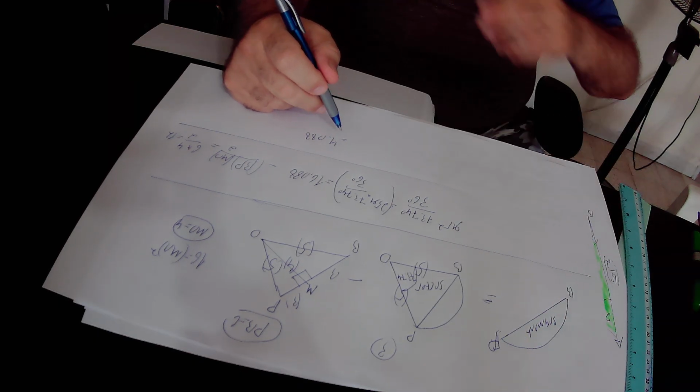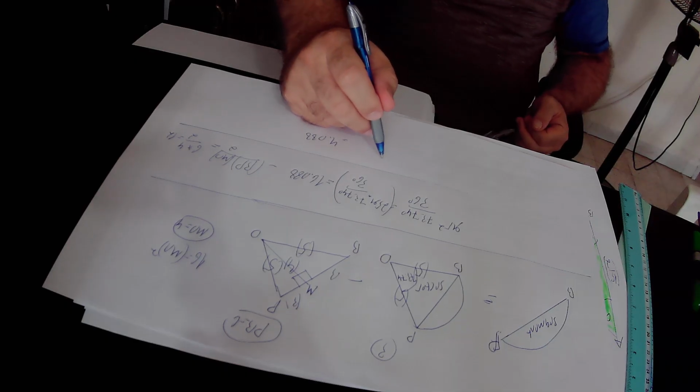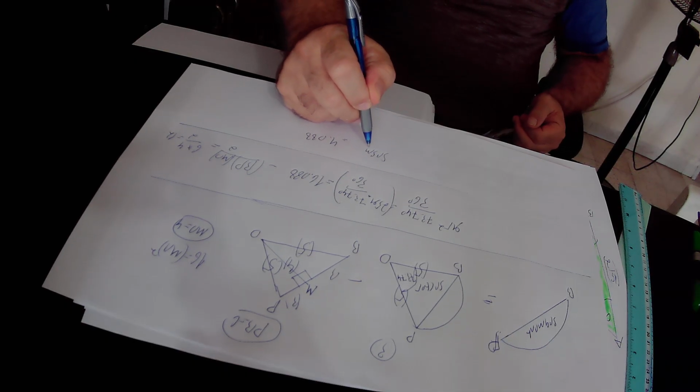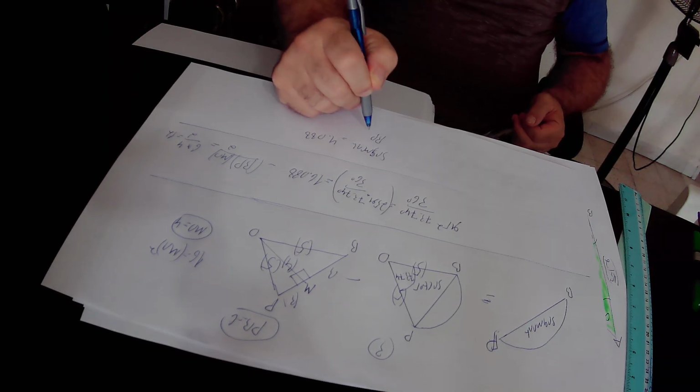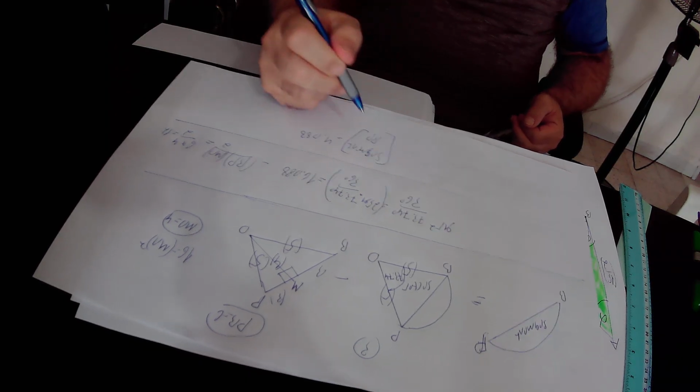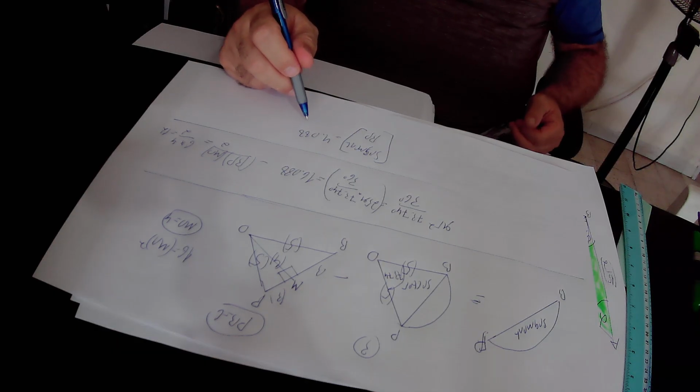So we found that the area of segment BP is equal to 4.088 square units.